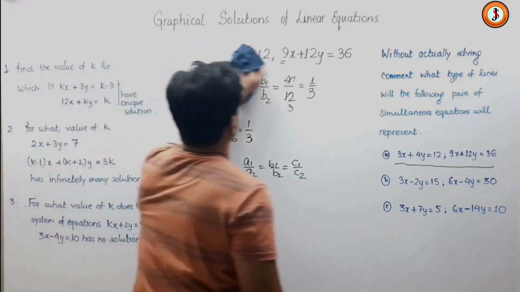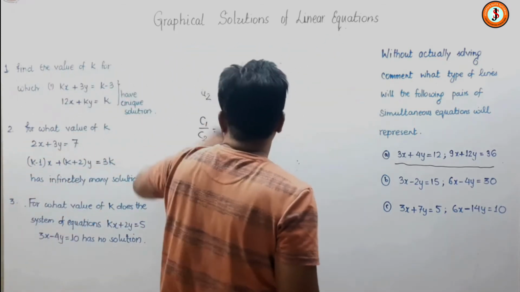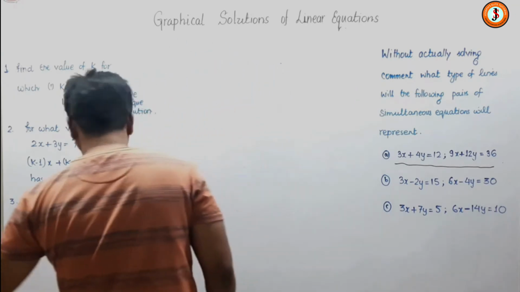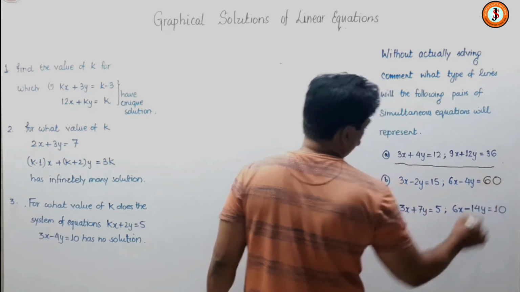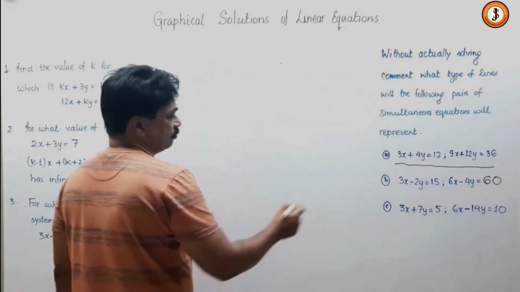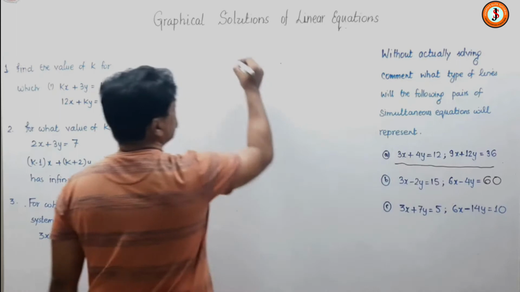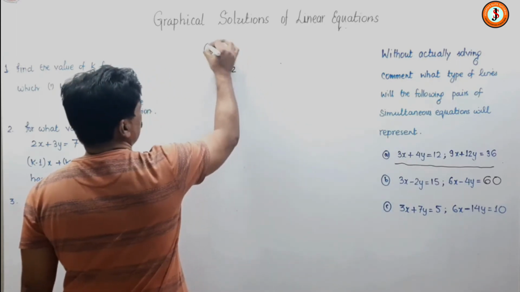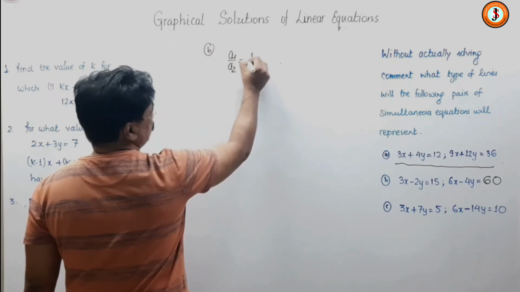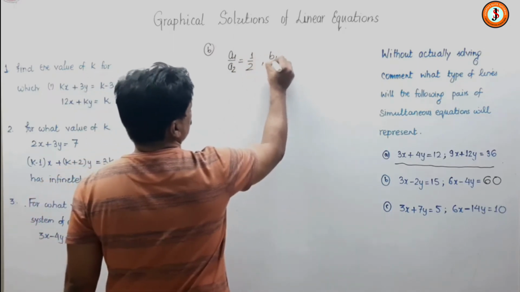Next question, I am putting a little change here. I am putting this as, say for example, 60, and I move now. So here again I find a1 by a2, that is 3 by 6, that is 1 by 2. Then b1 by b2 is how much?